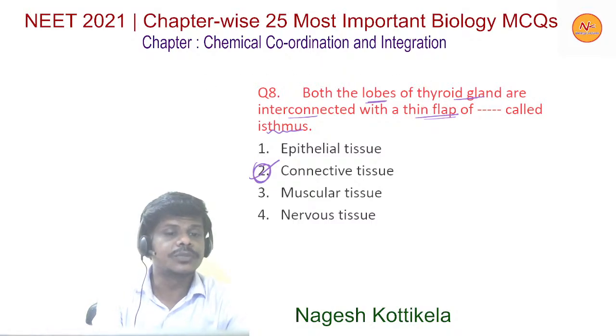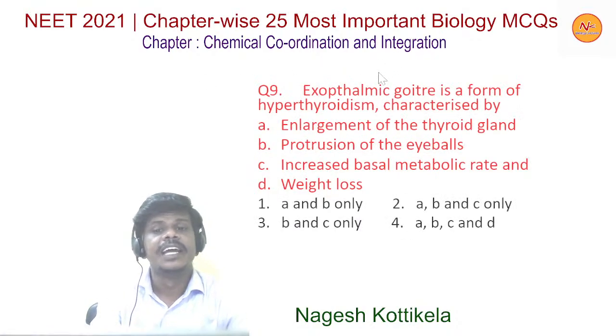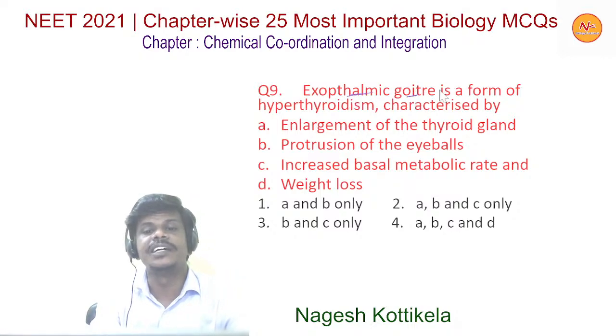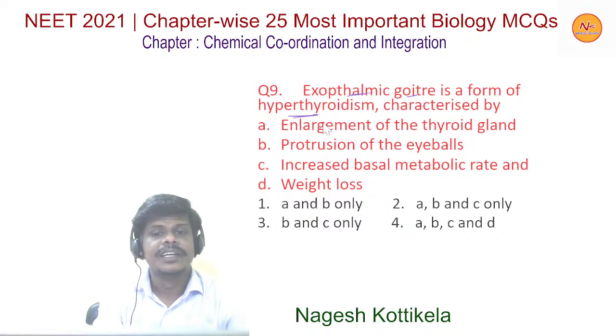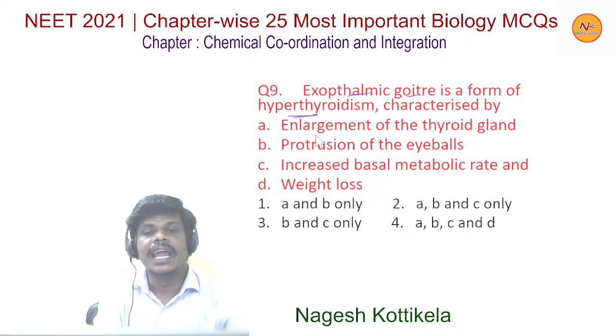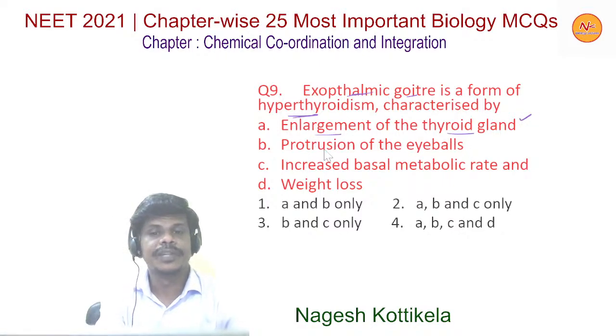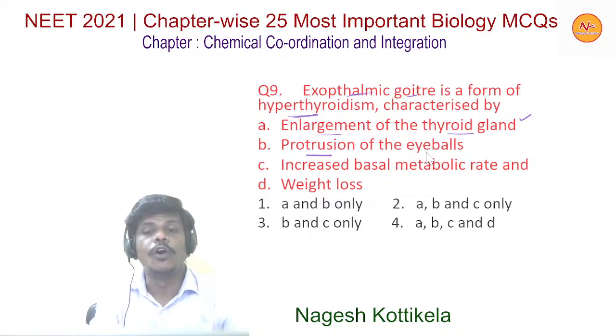Now moving to the question number 9. Exophthalmic goiter is a form of hyperthyroidism characterized by, here, A, enlargement of the thyroid gland, this is correct. B, protrusion of the eyeballs, this is correct.